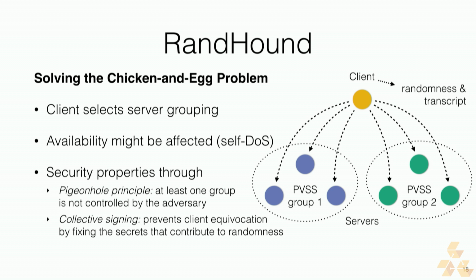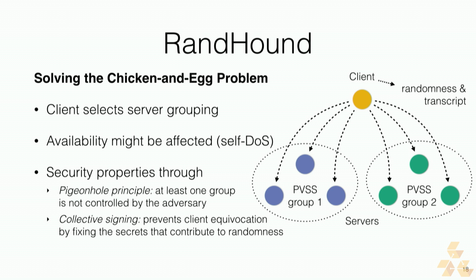And we achieve the security through two properties, namely once through the pigeonhole principle: since we assume an honest majority in the servers, at least one group is not controlled by the adversary, and therefore we get a good random value out of that group, which randomizes the final outcome.